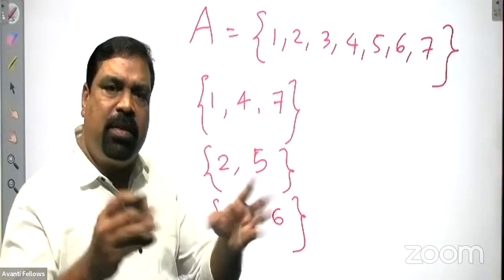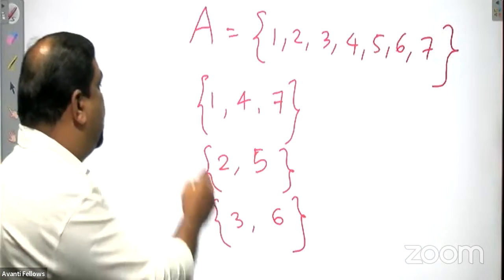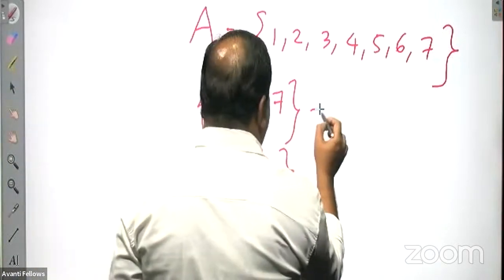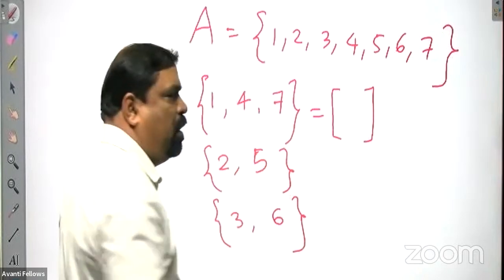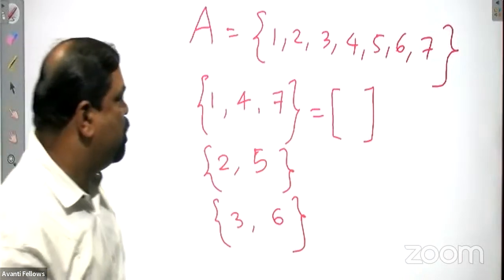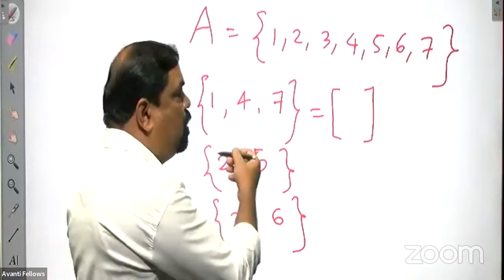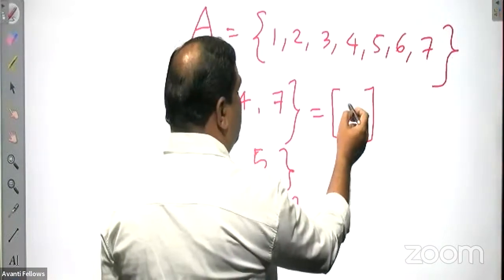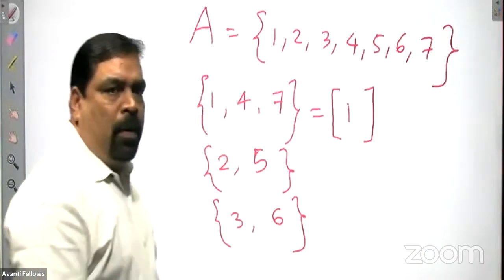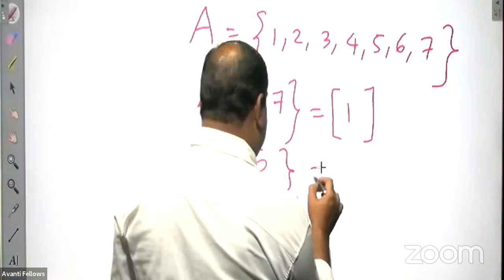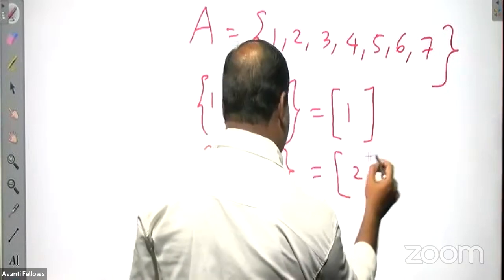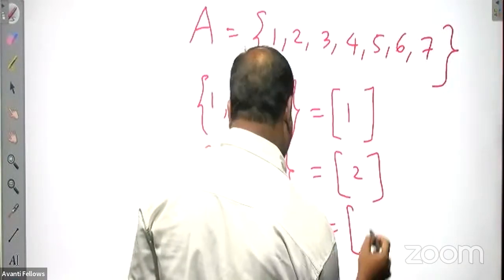We denote every equivalence class by taking one element and writing it in a bracket. You can take any element from that set, but generally we prefer the first element. Equivalence class 1, and the second equivalence class we write as 2, and the third as 3.